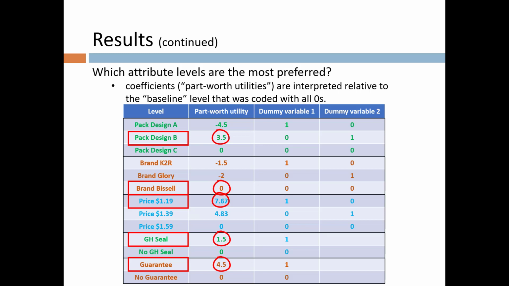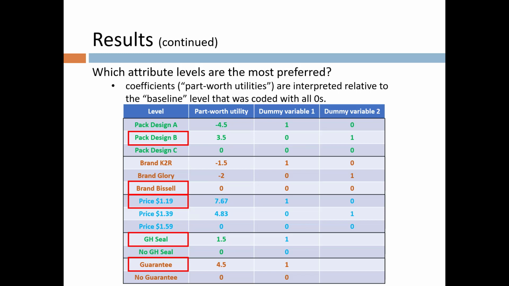Based on the part-worth utilities, we can also predict which profile will have the highest score. It will be simply the combination with the highest part-worth levels on each attribute. Here the most preferred profile will be Pack Design B with the brand name Bissell, priced at $1.19 with a seal and with a guarantee.